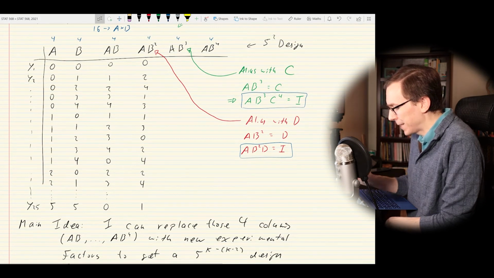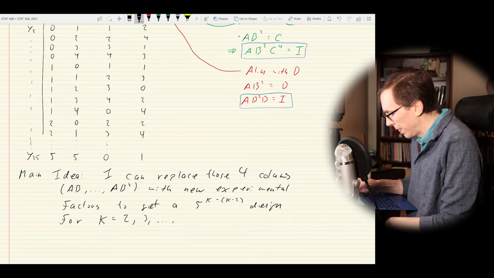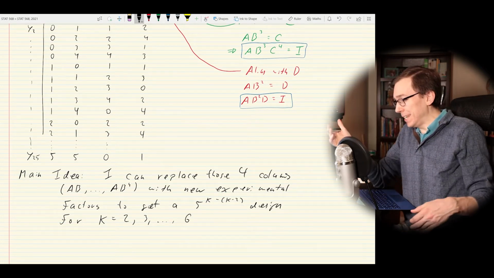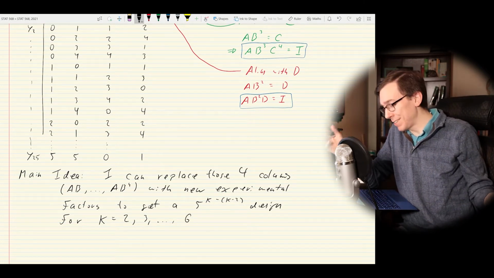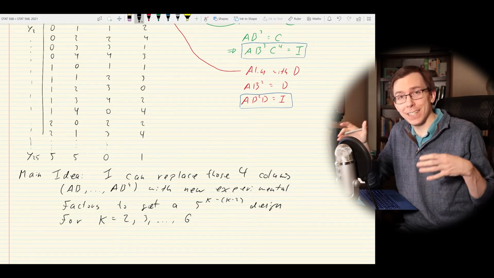If I saturate the whole thing, I would have 6 columns. Which means on my 25 observations, if I really wanted to, I could shove 6 different 5-level factors into this design.